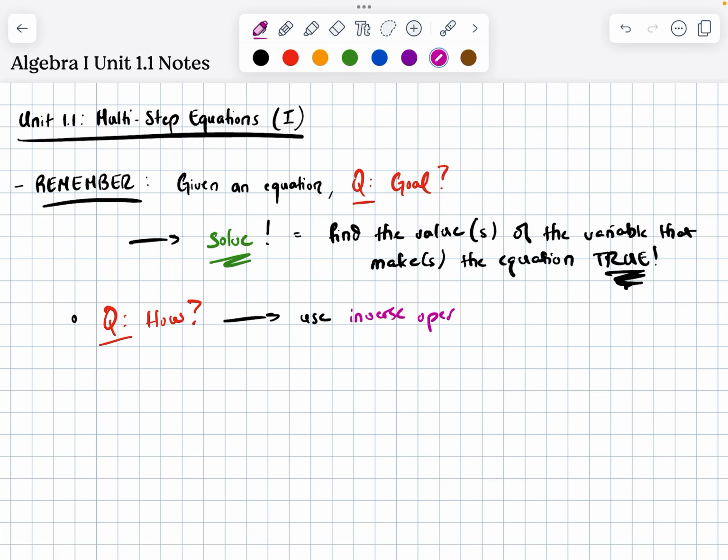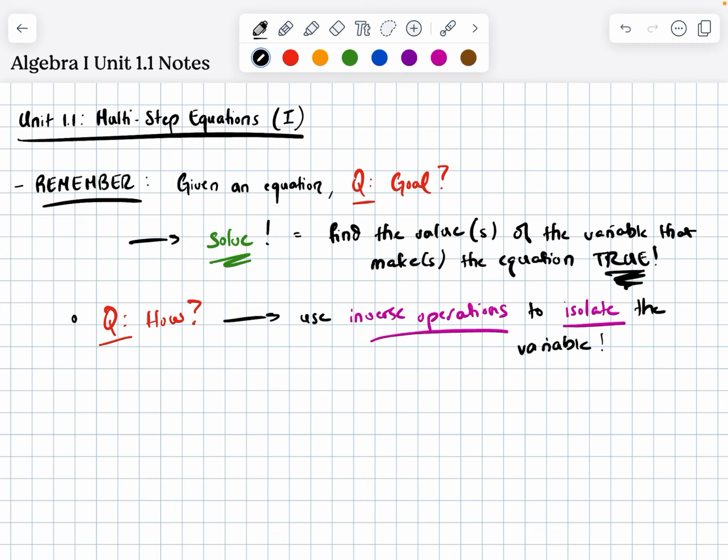Specifically, I want to use my inverse operations to get my variable by itself. Our fancy mathematical word for that is, of course, to isolate. So I want to get my variable by itself by undoing all of the things that are connected to it. Not variables. Variable. I want to isolate my variable.